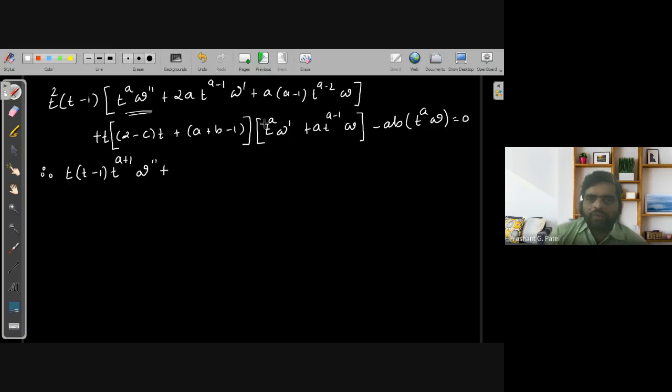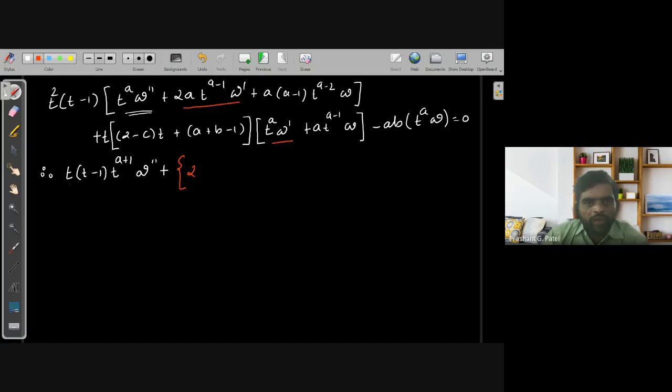what is the coefficient of w dash? So w dash is coming here as well as here. Let me write down the w dash here now. So we have w dash with t square. This t square is together with t power a minus 1, so it is t power a plus 1.